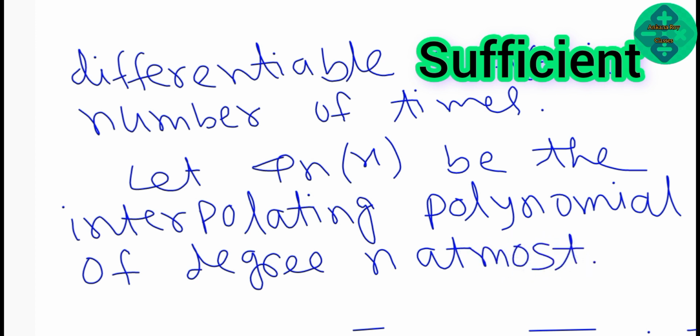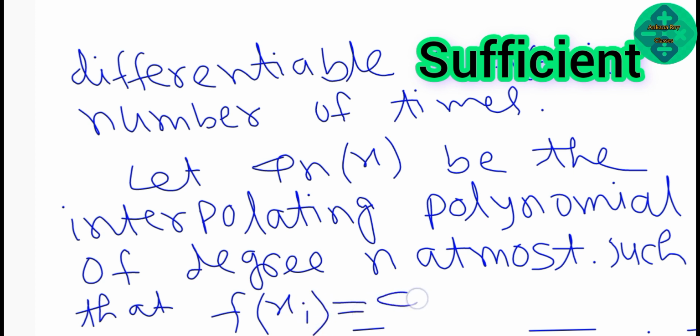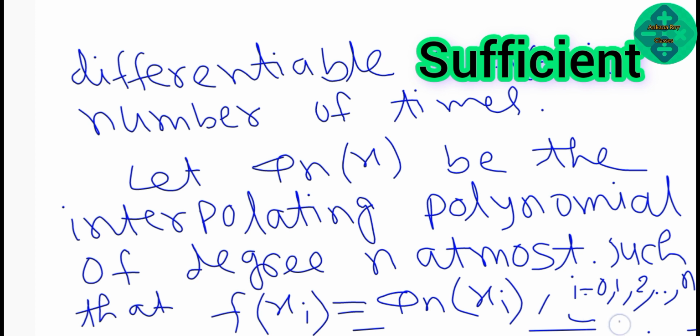Since the values of f(x) are given for n plus 1 distinct values of x, the degree of the interpolating polynomial is n at most, such that f of xi is equal to phi xi for i is equal to 0, 1, 2 up to n. This is equation 1. That is, f of x0 is equal to phi x0, f of x1 is equal to phi x1, and up to f of xn is equal to phi xn.